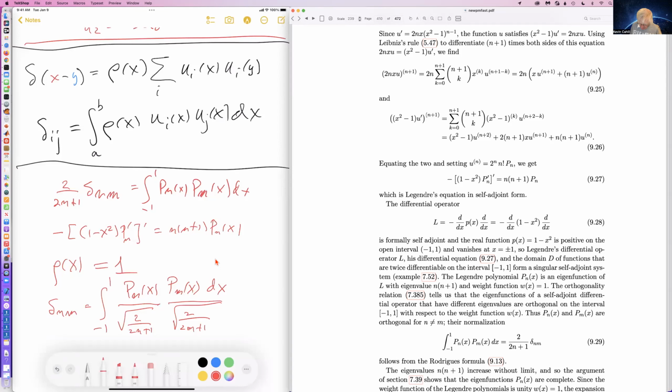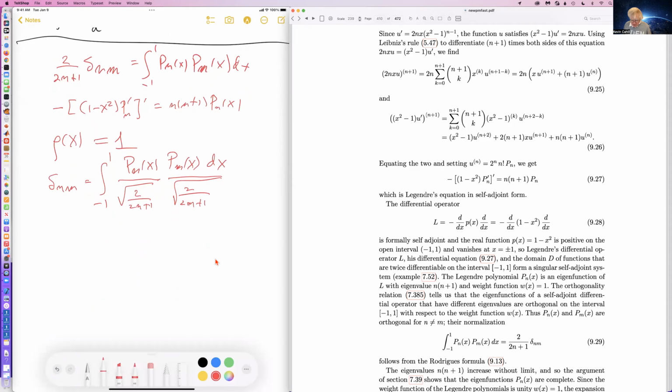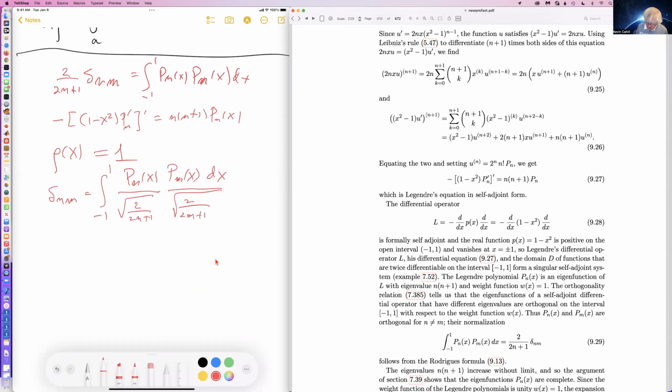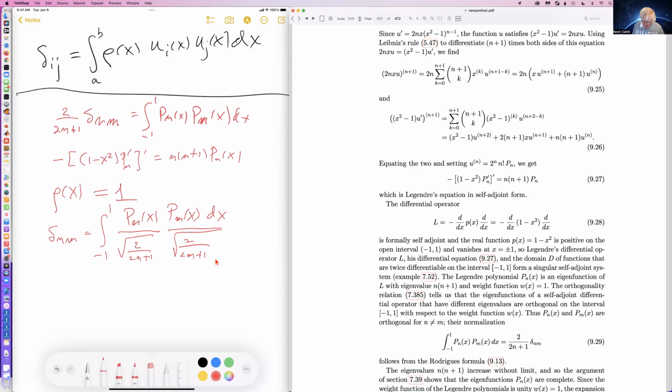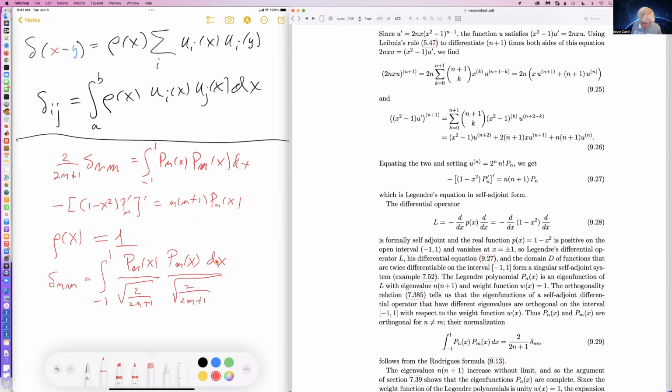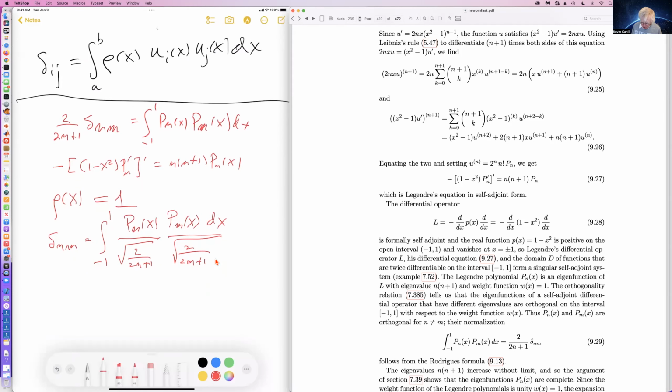Okay, so that's the way that thing looks, and consequently, we have rho equal to 1, but we need the normalized Legendre functions, and so the delta function, delta of x minus y, is then a sum.